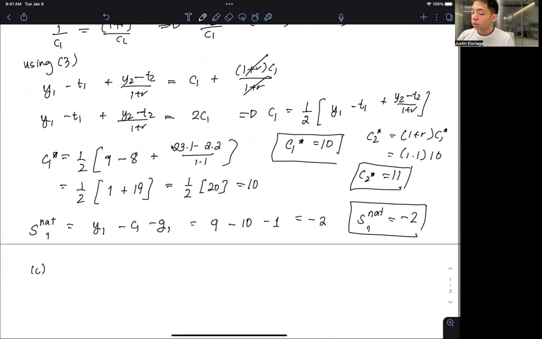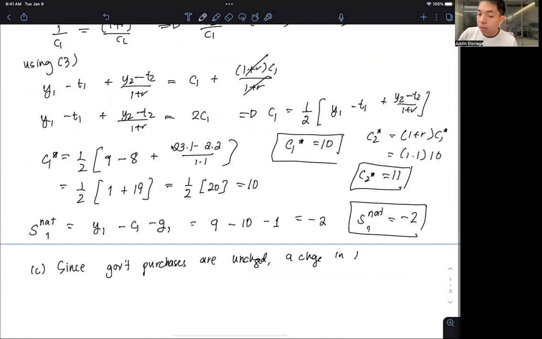Okay, so since government purchases are unchanged, a change in the lump sum taxes as described in the question leads to no change in consumption.